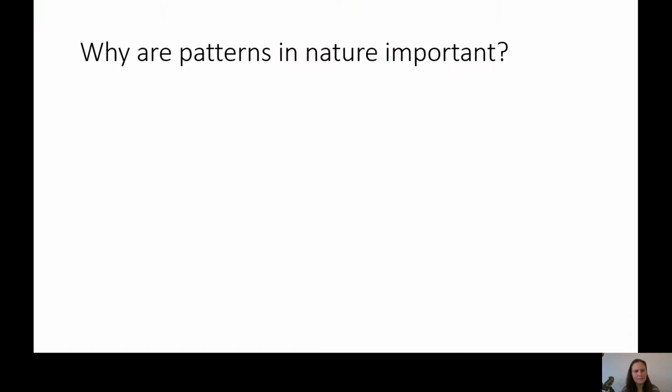So well done. Another quick question for you. Why do you think patterns in nature are important? I want you to have a think about why they are important to plants and animals, but also why are they important to us as humans?